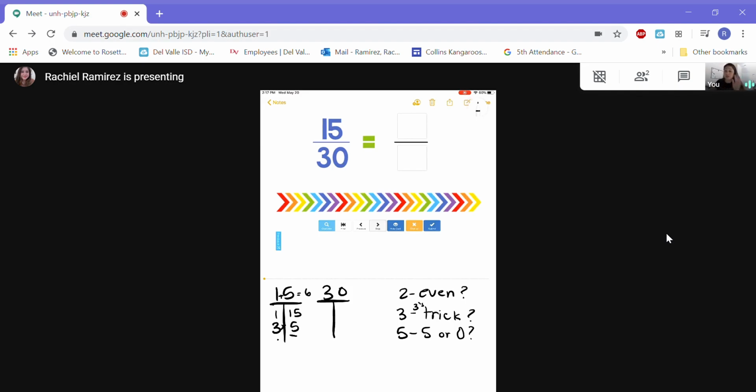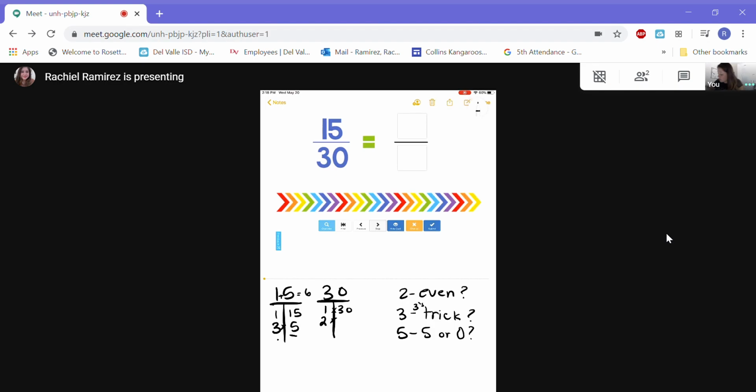Now let's go ahead and go to 30. So 30, we always start with 1. If you said that, good job. 1 and 30. We're trying to find the numbers that, when you multiply them together, equal the top number. So 1 times 30 equals 30. 2 times something equals 30 because it's even.